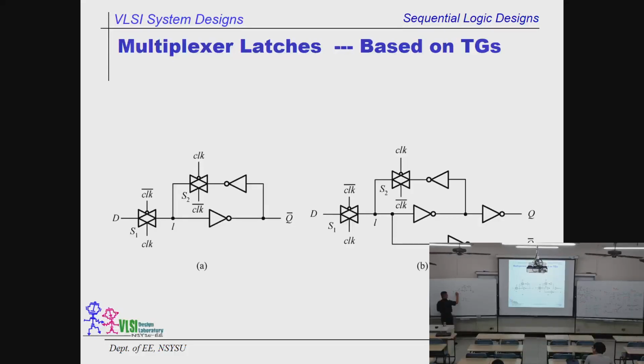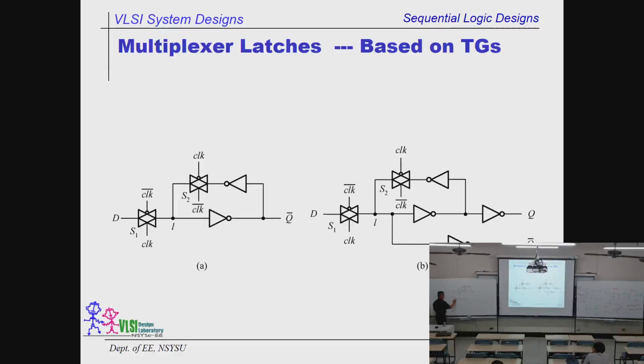So the D will go over here and become the D bar. D bar will become the Q bar. It's the same because we have an inverter. So they are the same. Okay, all you need is to add an extra inverter to invert that to be the D again. So this is the 1.